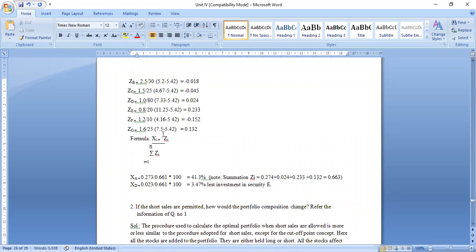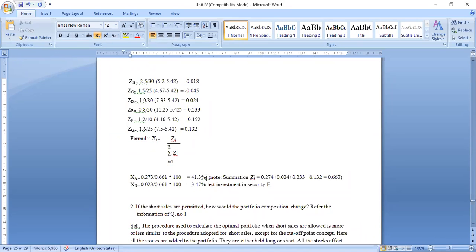So these changes, I'll do it later. So Xi is equal to Zi divided by the summation of Zi, and this N is going to be for all of the securities that are taken with positive returns here.